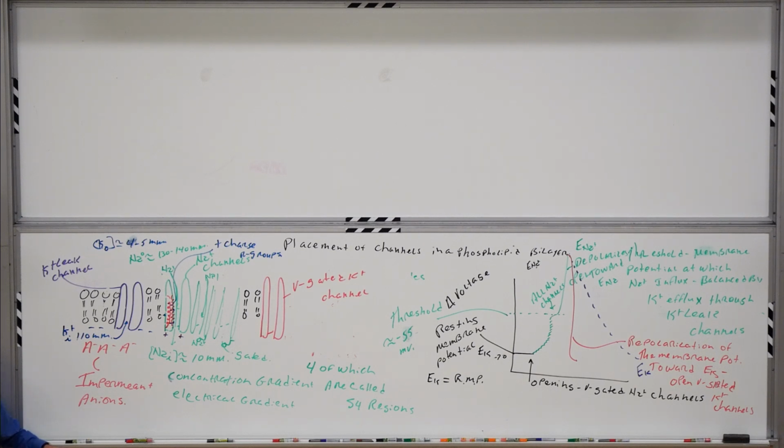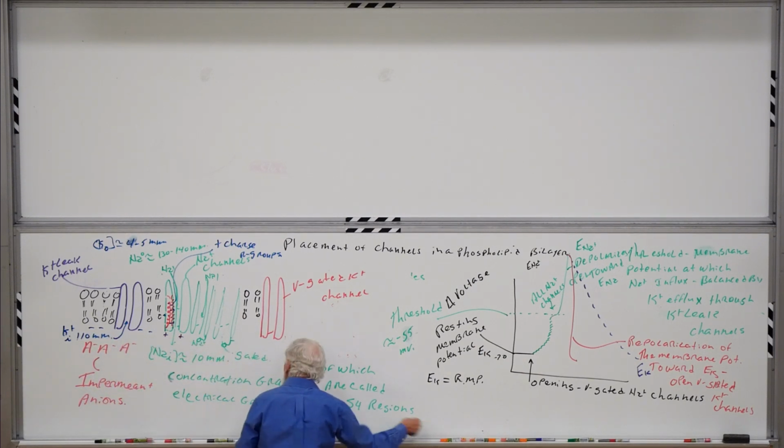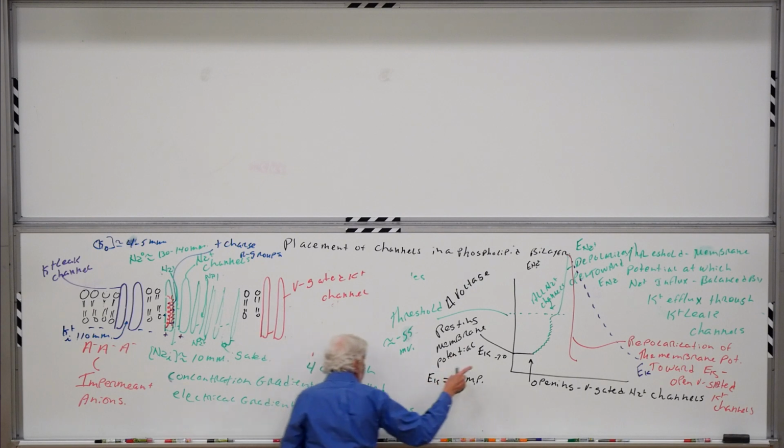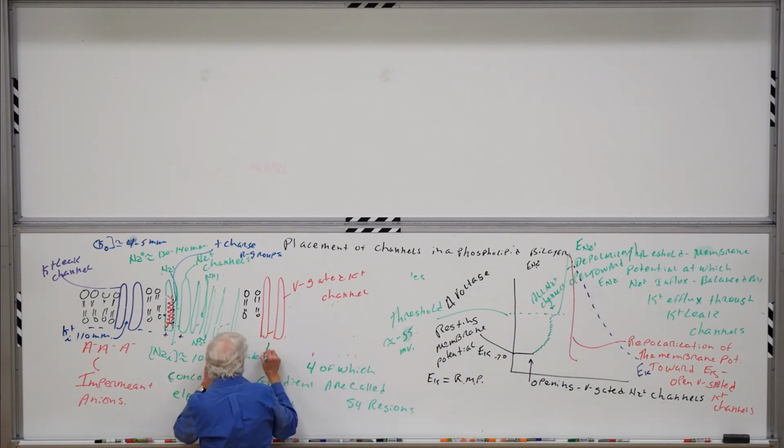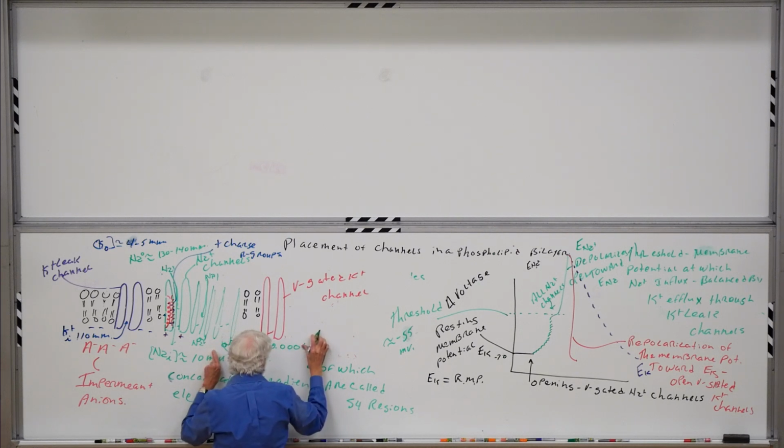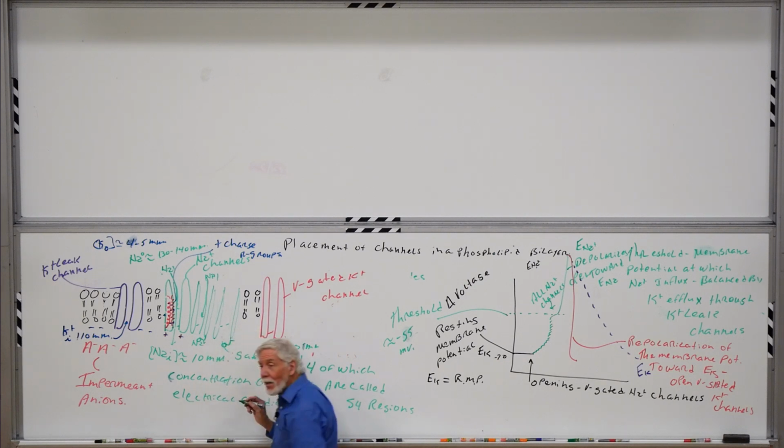But this is an important concept that we really need to drive home here, and I don't want people to get mixed up in it. And that is that when the sodium comes in, with this change and excursion of the membrane potential, the sodium concentration on the inside goes from 10.0001 millimolar to 10.0001 millimolar.